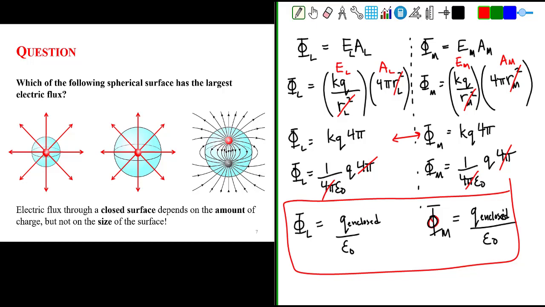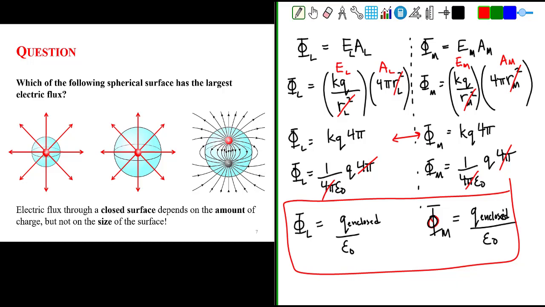Wow. What this is saying is that the flux through an enclosing surface depends only on the amount of charge contained inside the surface. It doesn't depend on the size of the surface.